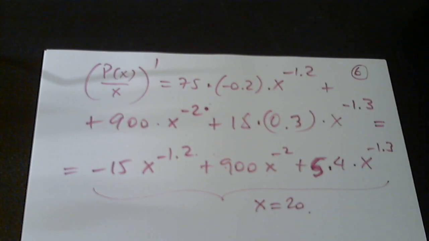Okay, so enter it as negative 15 x to the power negative 1.2 and then plus 900 times x, and the power is negative 2. You know I love parentheses. And plus 5.4 times x, and the power is negative 1.3.